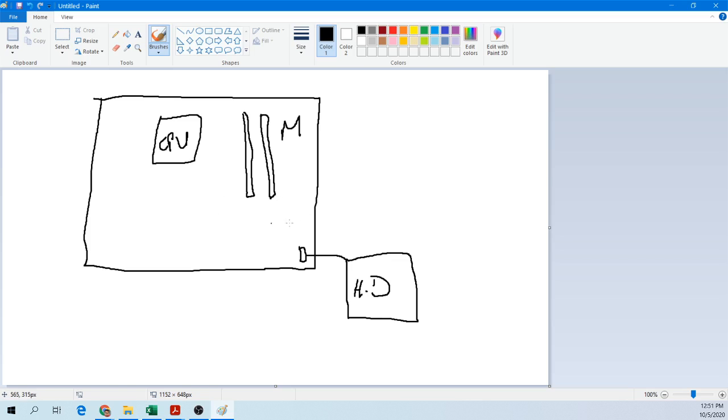What happens is that the CPU, this chip here, needs data in order to do the processing, in order to carry out the instructions. So most of the time, all of the data is on your hard drive. If you just have a hard drive installed, all of the data is on the hard drive.